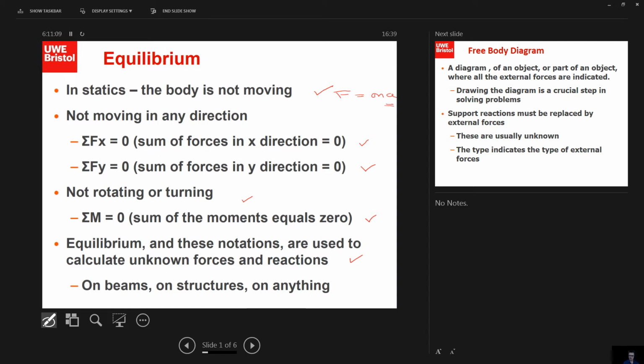And what this means is that any forces that our body will exert, let's say from gravity, a gravity field force, the reactions must counterbalance it so that the body's not moving. For beams, we can consider them to be structures, and other structures we're going to look at, such as bridges or anything else like that.